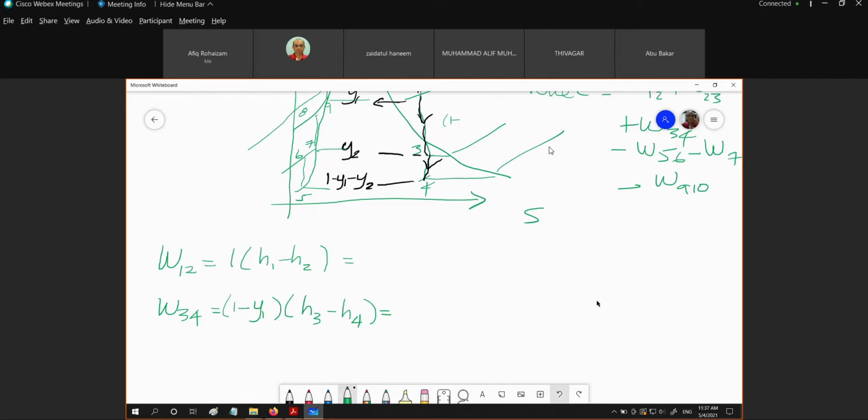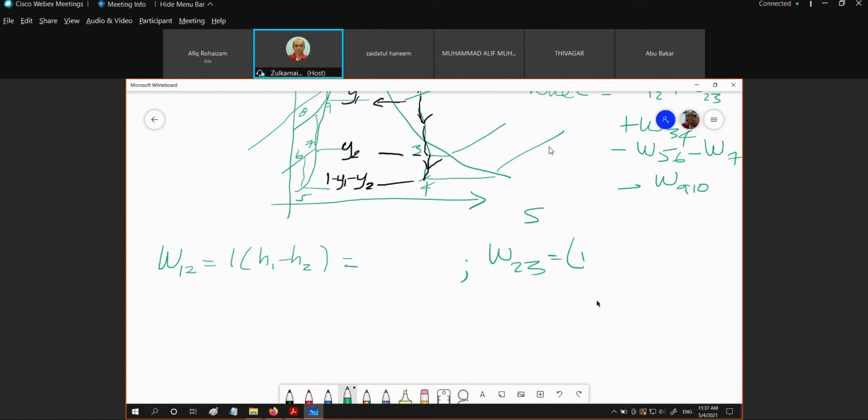Let me rewrite that because I left 2, 3. So W23 is equal to 1 minus Y1, H2 minus H3.